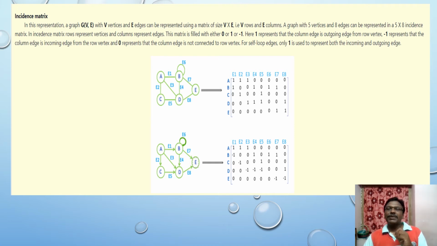Here 1 means the column edge is an outgoing edge from the row vertex. Okay, so an outgoing edge is represented by 1. Minus 1 means the column edge is an incoming edge.